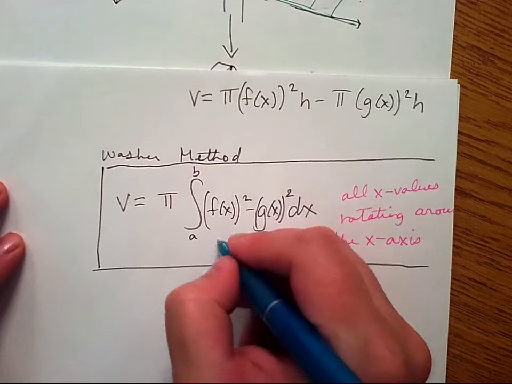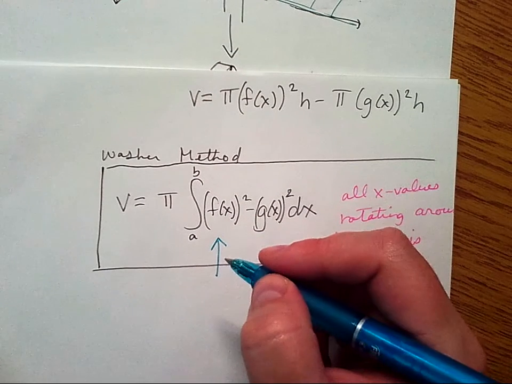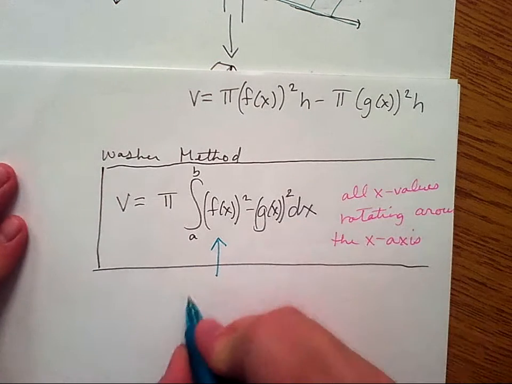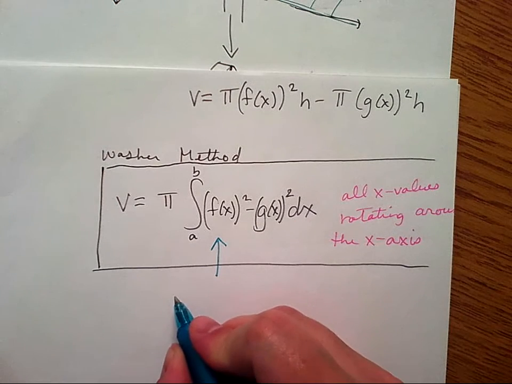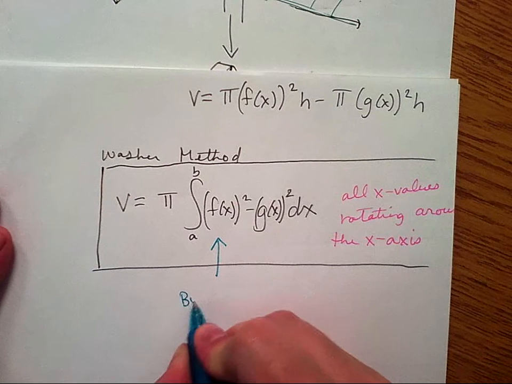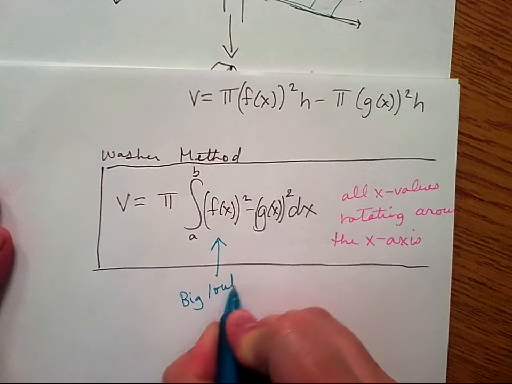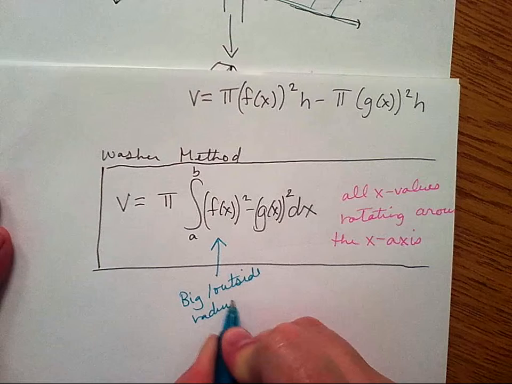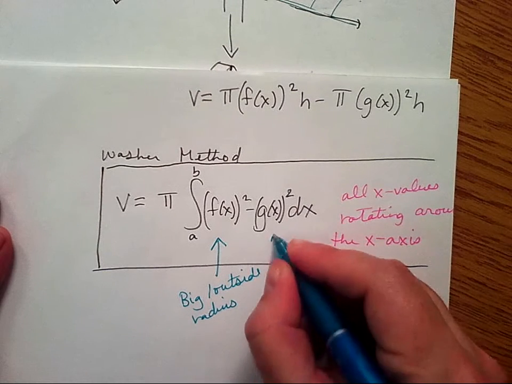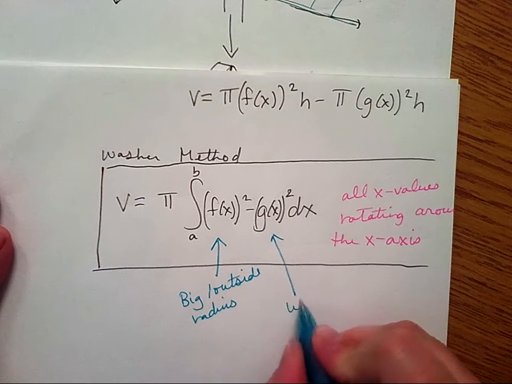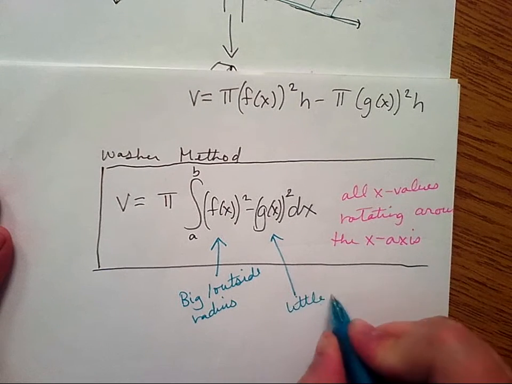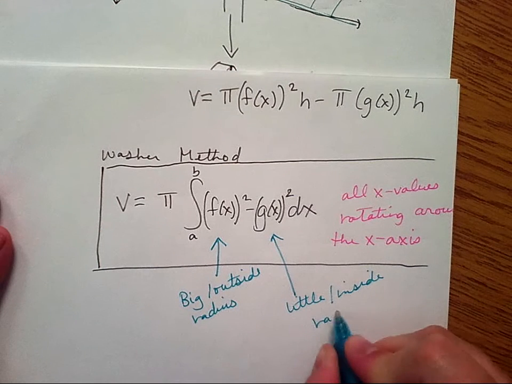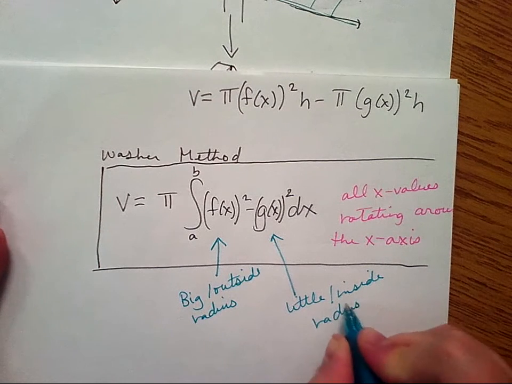Well, f of x is my big radius or my outside radius, right? Big or outside. And g of x is my little or inside radius.